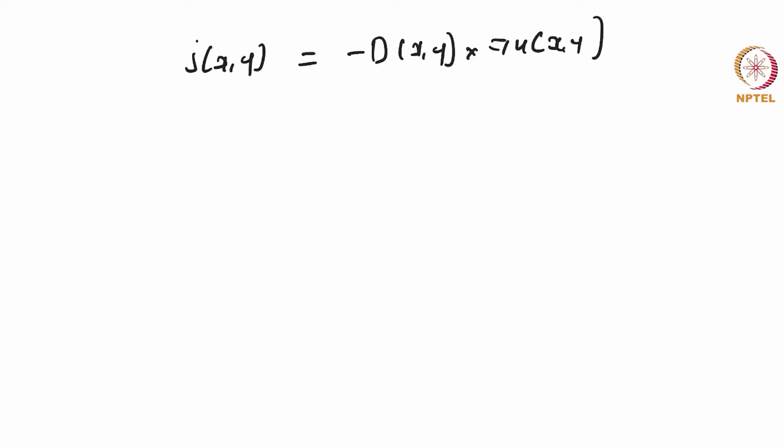Just to make sure that we understand, D(x,y) is multiplied by the gradient of u, where u is nothing but f. We'll see where that f comes from; f is nothing but the image, represented in the continuous domain. We can of course discretize all of this, which is how it's typically solved.